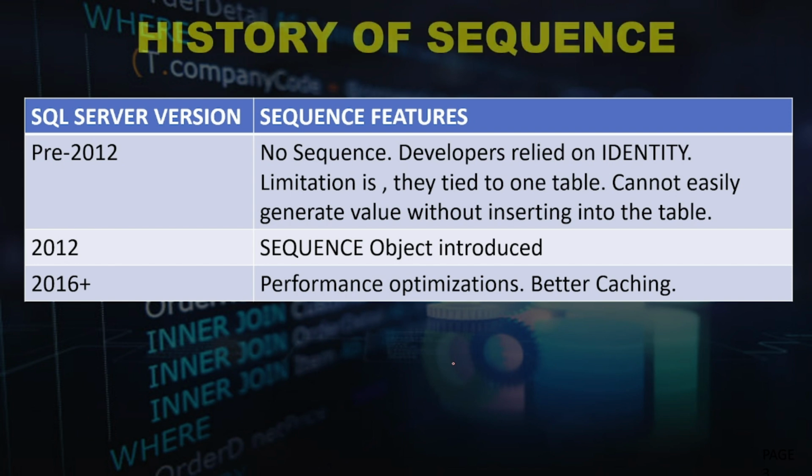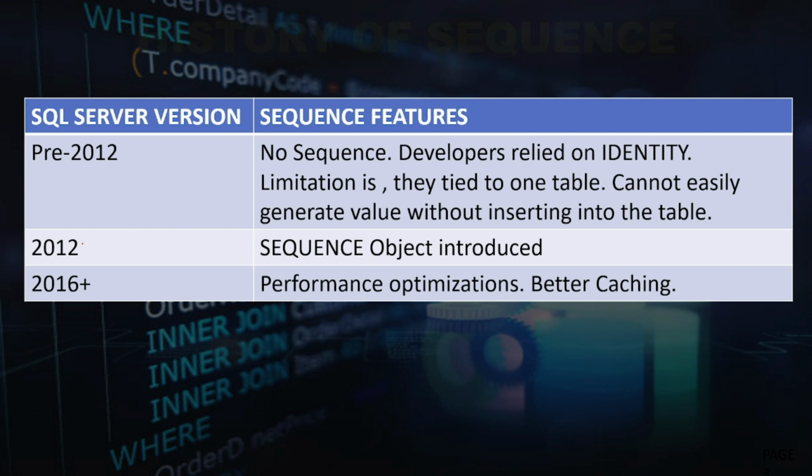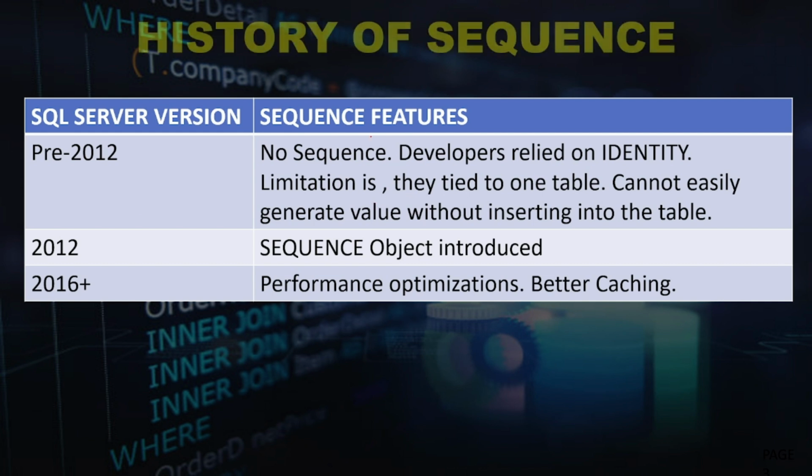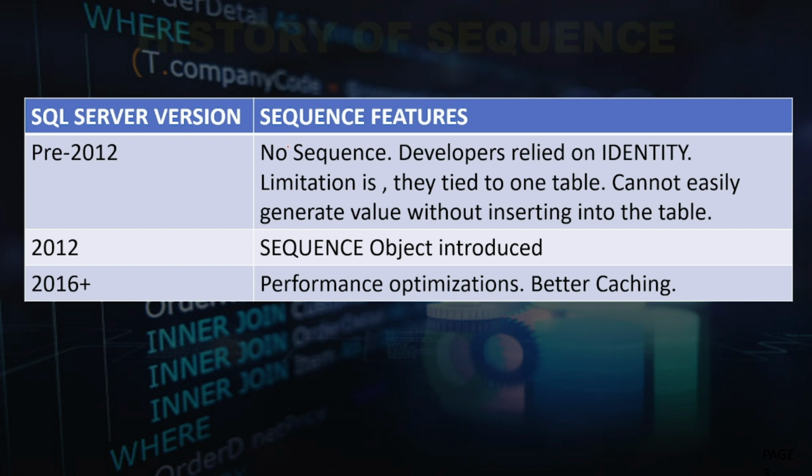Let's go a little deep into the history of sequence. Before SQL Server version 2012, there was no sequence concept in SQL Server. Developers used to use identity instead. But there was a limitation of identity. The identity columns which were created were tied to that specific table.